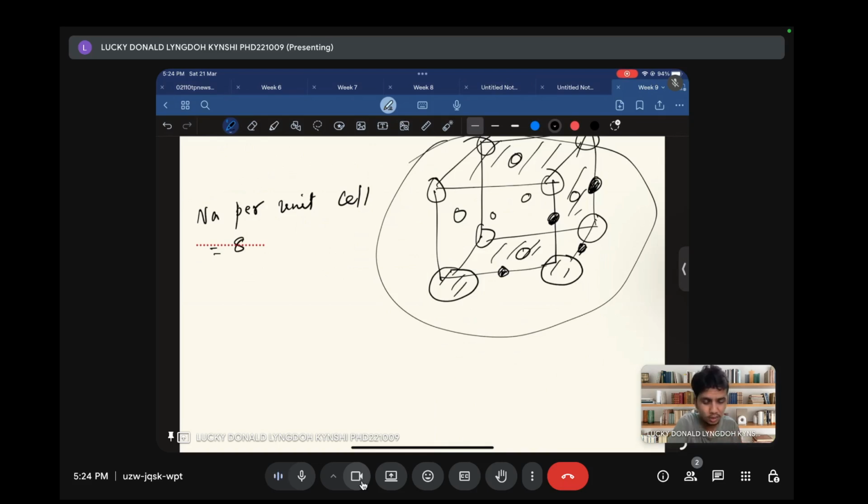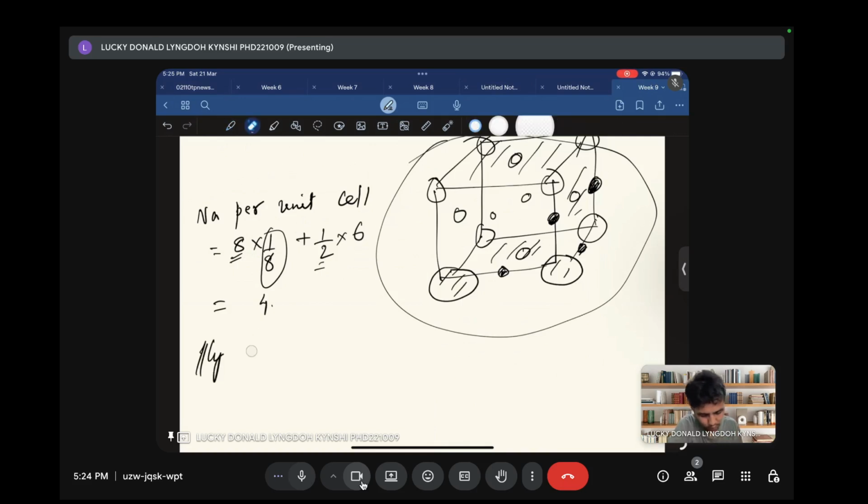Each atom is shared by 1 by 8, plus these atoms at the faces. There are 6 such atoms, each shared with 2 unit cells. So the total number of Na per unit cell will be equal to 4.